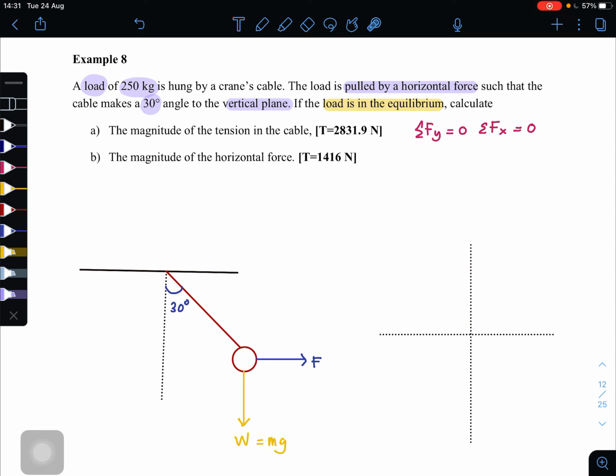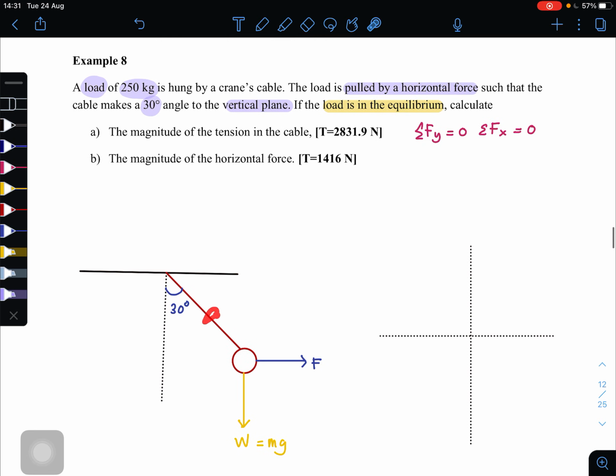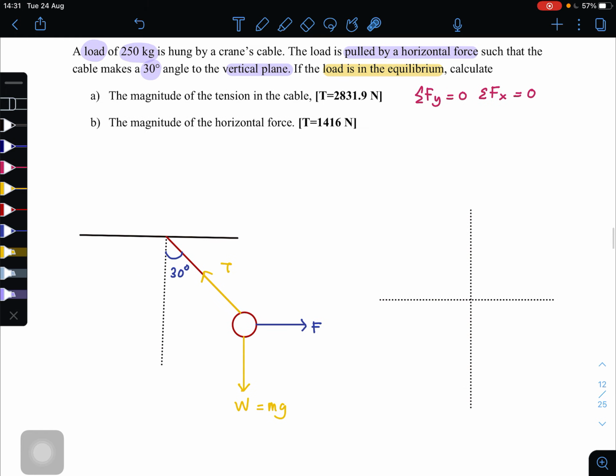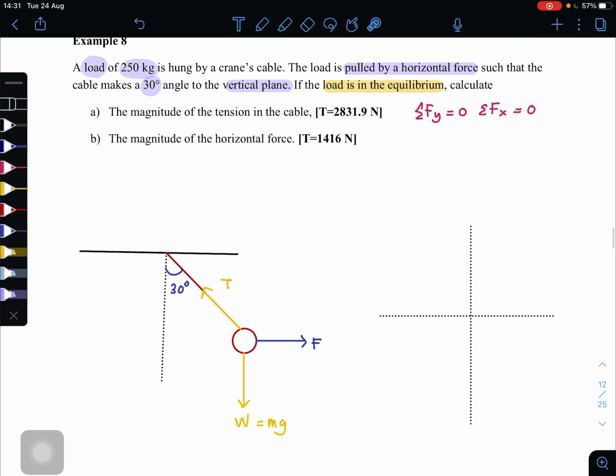And then since we have drawn an external force going to the right, and since there is a cable, remember that if there is a cable, there will be a force away from the object, which is the tension force. Okay, so these are all the forces that we have.